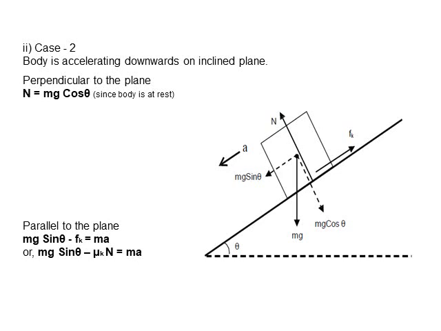Case 2, body is accelerating downwards on an inclined plane. Perpendicular to the plane, again N is equal to mg cos theta, and parallel to the plane, mg sin theta minus Fk will give you the net force ma. By putting the value of Fk as mu k N, you will get the equation mg sin theta minus mu k N equal to ma.